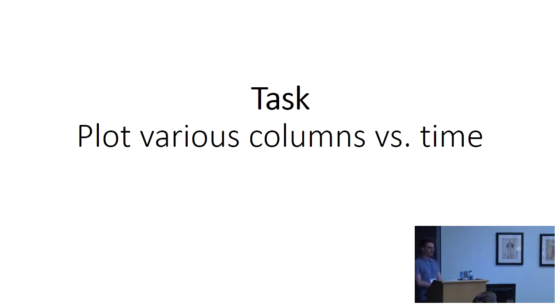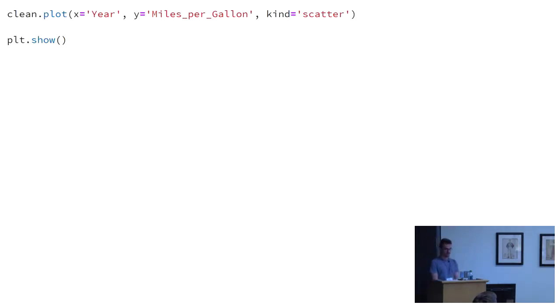Right? So now let's go through a couple more tasks to hopefully show the basic power of Pandas. First, let's plot various column values versus time. So here we're going to call the plot method for our clean data frame.